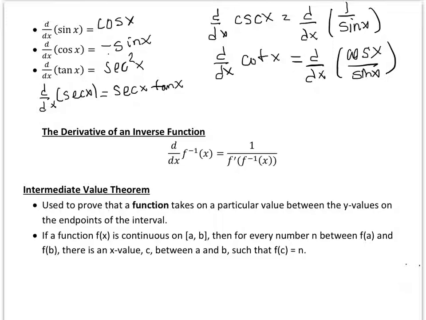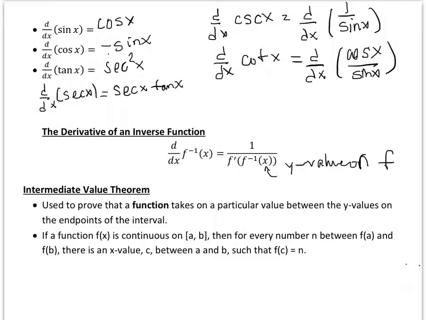And then our last derivative rule is the derivative of an inverse function. So the derivative of f inverse is 1 over the derivative of the regular function, f prime, evaluated at f inverse of x. So what that means practically, remember that the x value for f inverse is the y value on f.